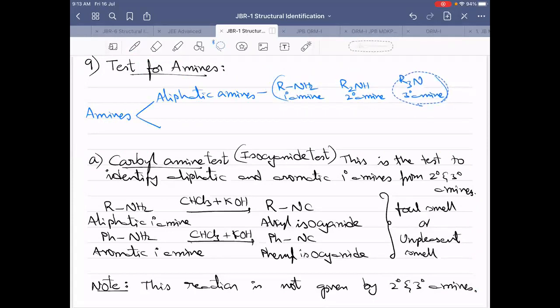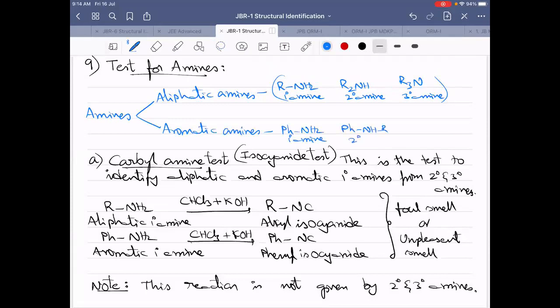Then aromatic amines are also possible. Aromatic amines are like aniline, PhNH2, primary amine. PhNHR, secondary amine. PhNR2, tertiary amine. Same as in aliphatic, in aromatic also, primary, secondary, and tertiary amines are possible.